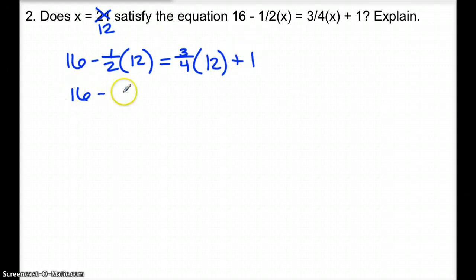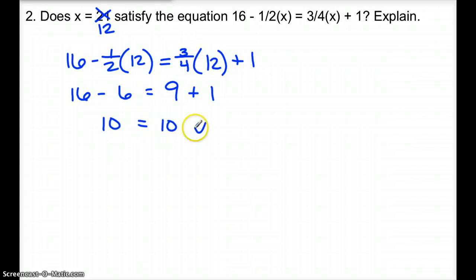So I know half of 12 is 6. 3/4 of 12, well, 3 times 12 is 36, divided by 4 is 9. And then I still have the plus 1. 16 minus 6 is 10. 9 plus 1 is 10. So we'll say 12 is a solution.